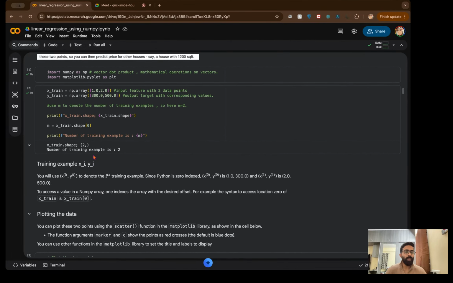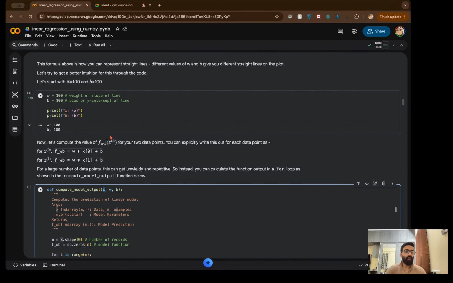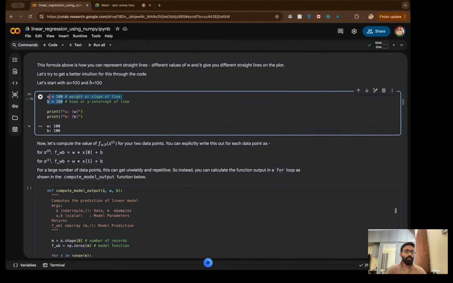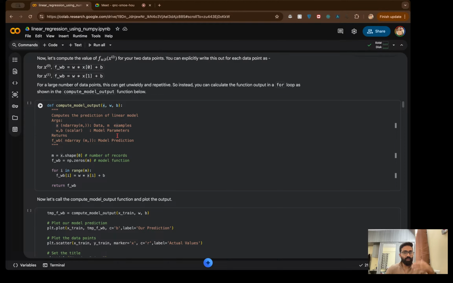What do I mean by numpy array? X is this 1, 2. So I'm providing x, and I'm providing w and b, which I have taken as our example for guessing. We'll proceed with creating the algorithm, but first we are trying to create the intuition of the function itself.